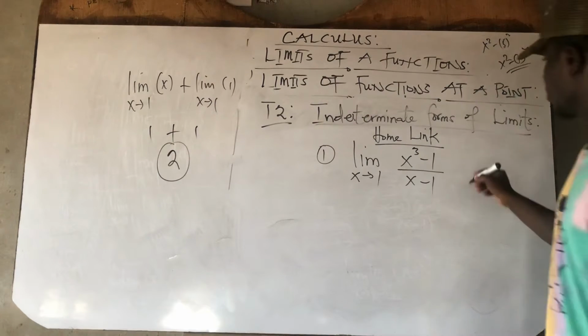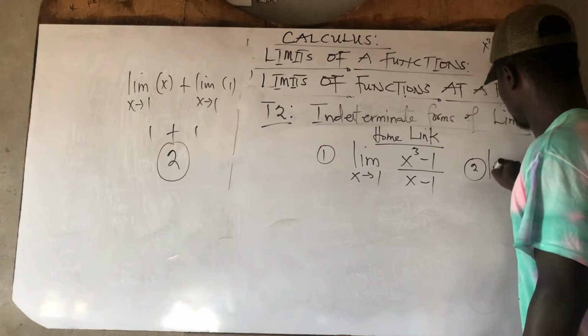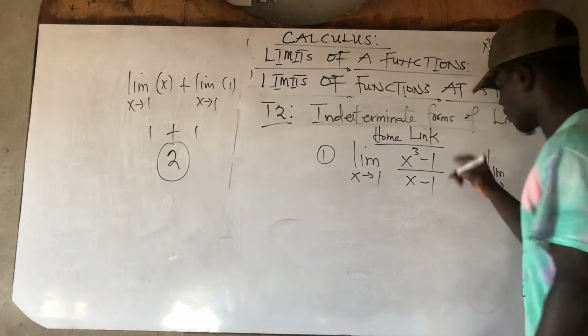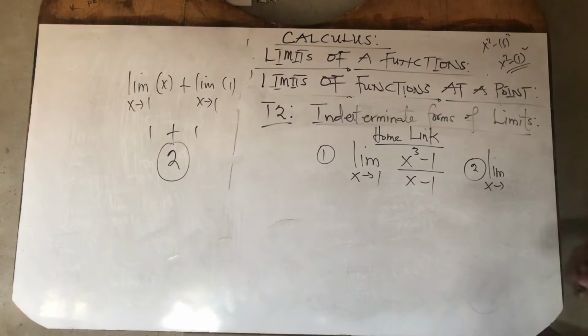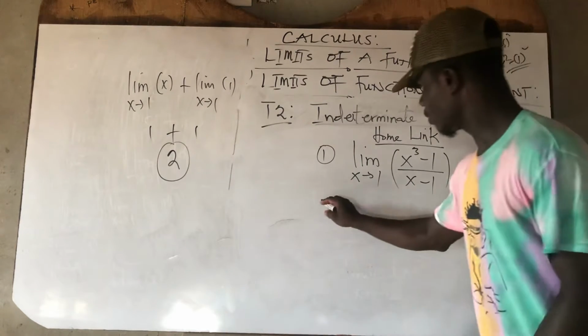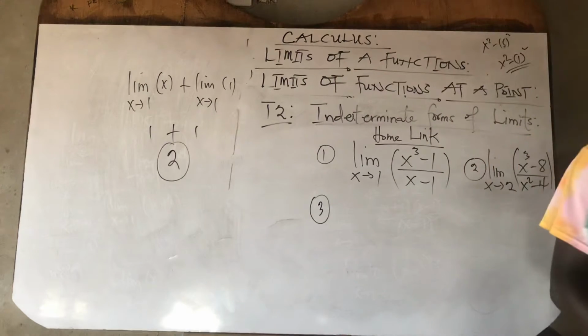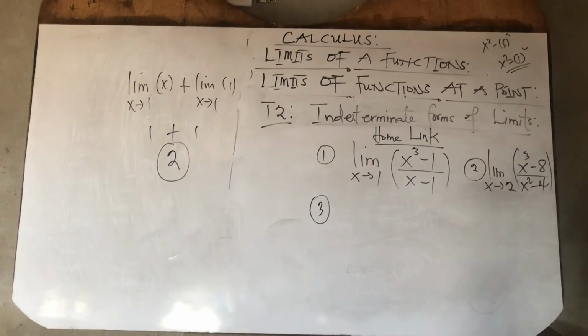Then the limit as x approaches 2 of x cubed minus 8 all on x squared minus 4. Then 3.